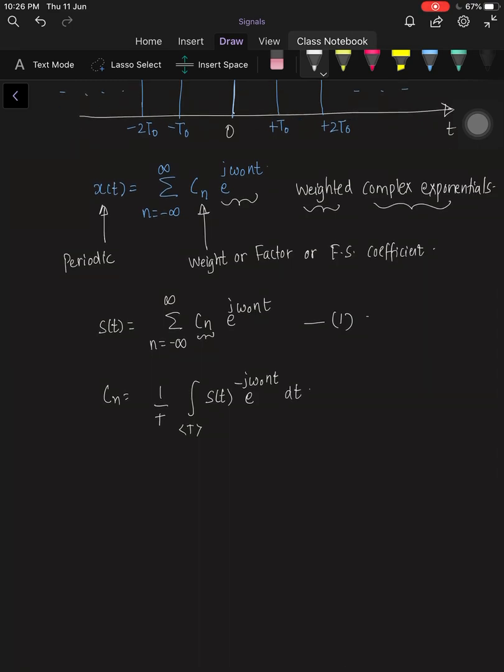Now this means integration for one period. One period might mean 0 to t naught, or t naught to 2 t naught, or maybe minus t naught by 2 to plus t naught by 2.